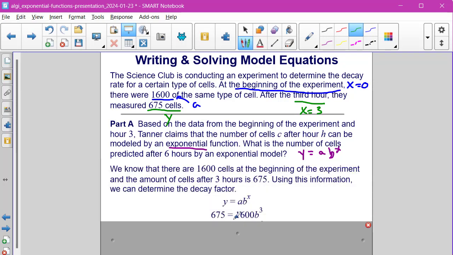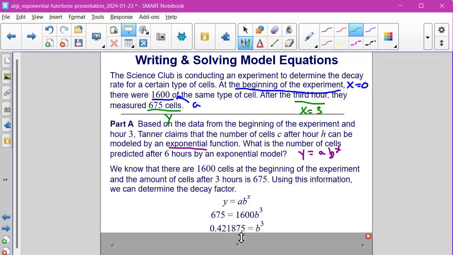So we have 675 is equal to 1,600 times b to the third power. We can then divide both sides by 1,600, and when doing that, we will get 0.421875 is equal to b to the third. So in order to figure out b, we have to take the cube root of both sides.